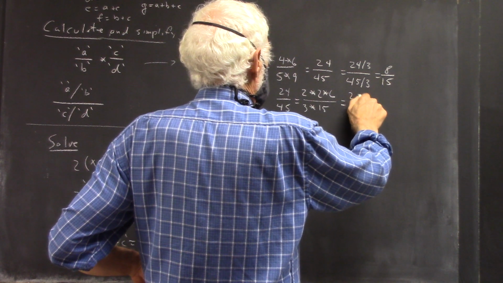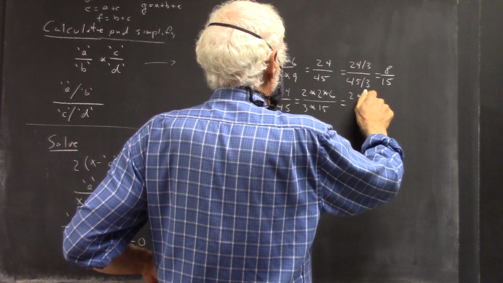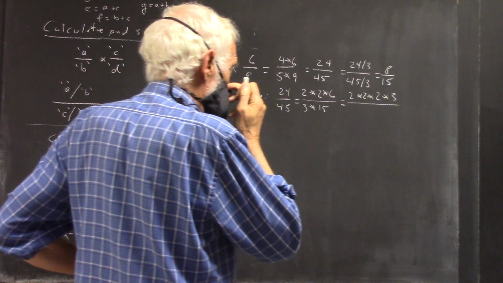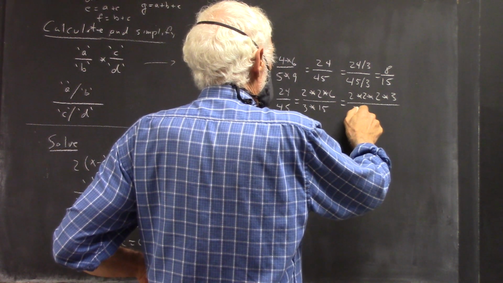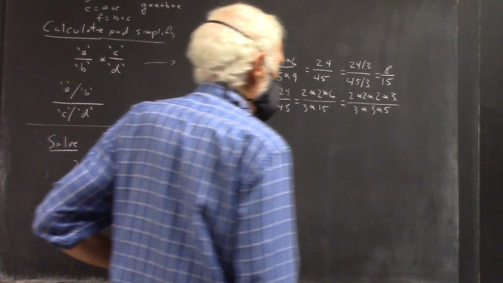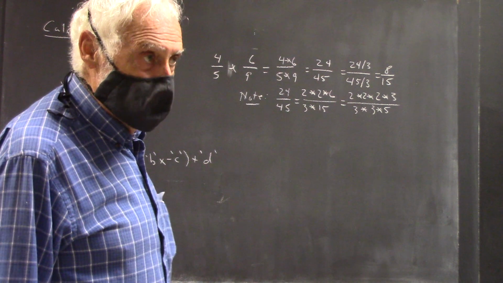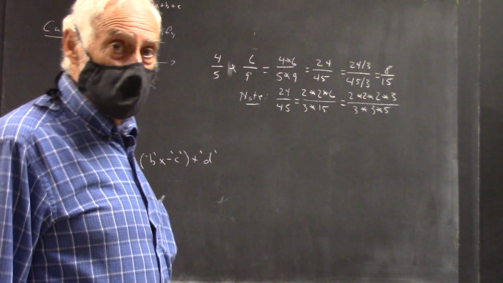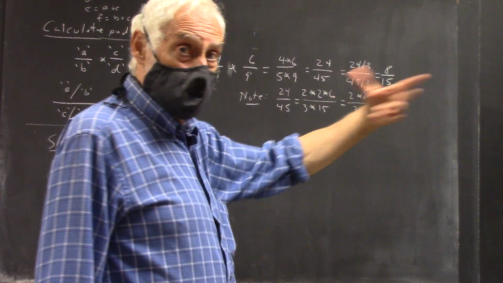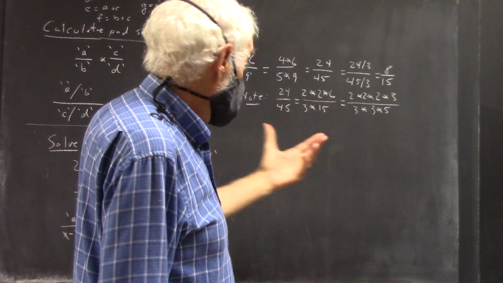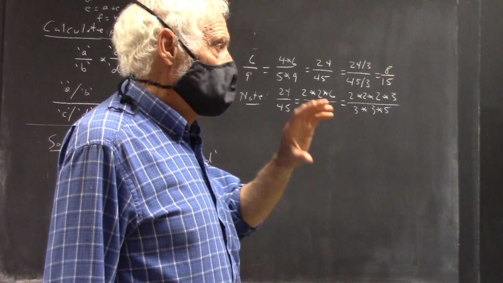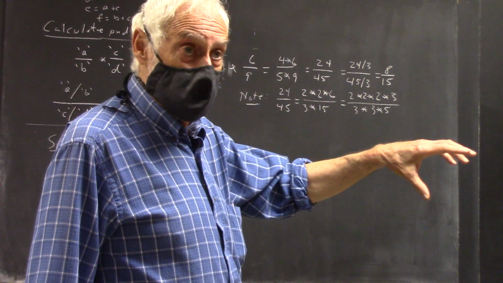And then 2 times 2 times 6 could be written as 2 times 2 times 2 times 3 over 3 times 3 times 5. Okay? It's called prime factorization. Just write these as products of prime numbers, and I hope you know those are numbers that can't be divided as integers by other numbers, okay?